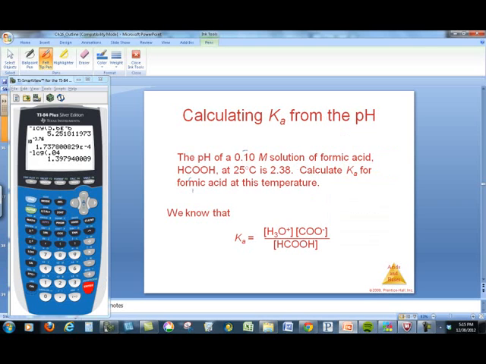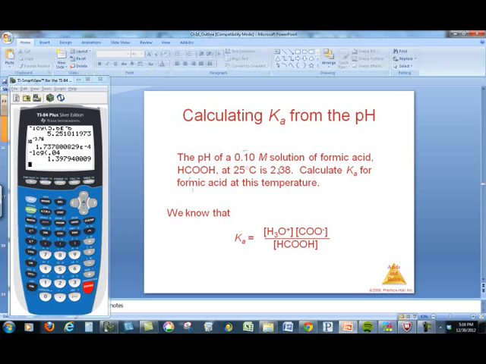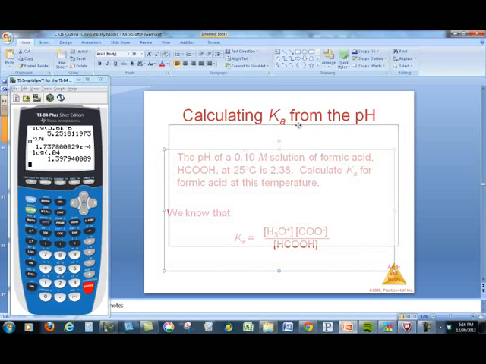Now the 25 is necessary when we're using Kw of 1 times 10 to the minus 14th, because that constant only works at that temperature. Okay, so here we have HA. Let me make this give me more room to write.